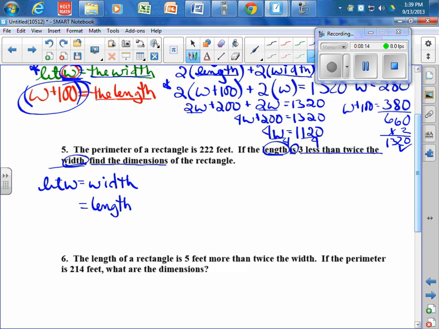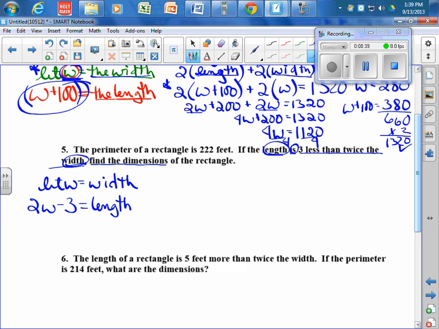What's the width? It's W. What's twice the width? It's 2W. What's 3 less than that? 2W minus 3. So there's your algebraic expression for the other unknown. Our two unknowns are width and length. The second one mentioned is width, and the algebraic expression for the length is 2W minus 3.